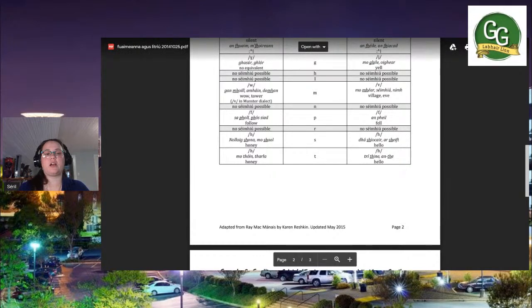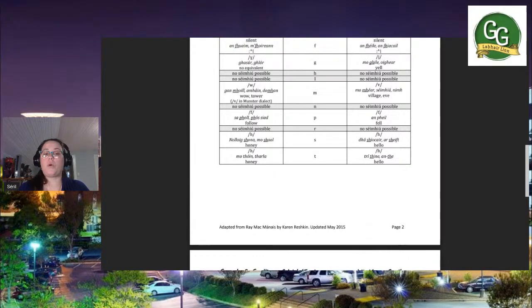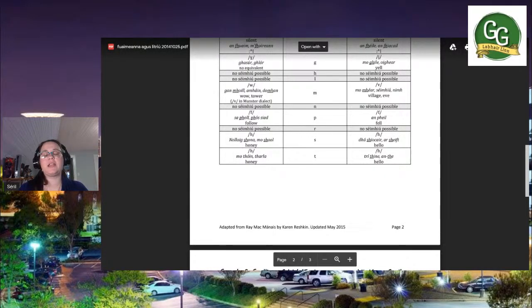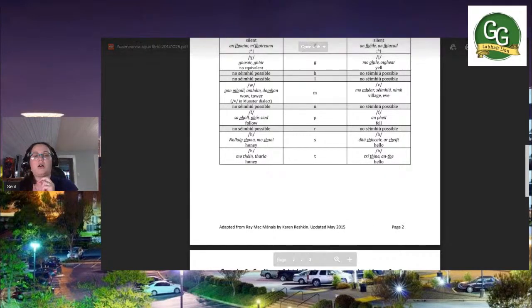So you have like "amháin". "Amháin" means only or one. So "awan", and if you're in Munster, "avon". And then if it's slender, you're going to have the V sound always, no matter the dialect.